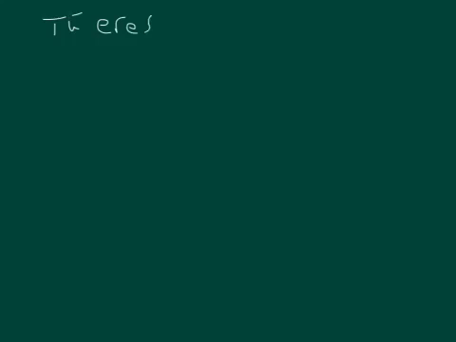Next one would be, we are. We would be nosotros, and are would be somos. Remember again that with both of these you don't have to use the tú or the nosotros, although it's not a bad idea. Next one would be, he is.